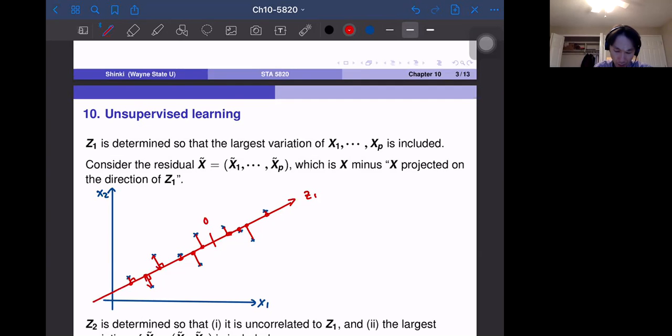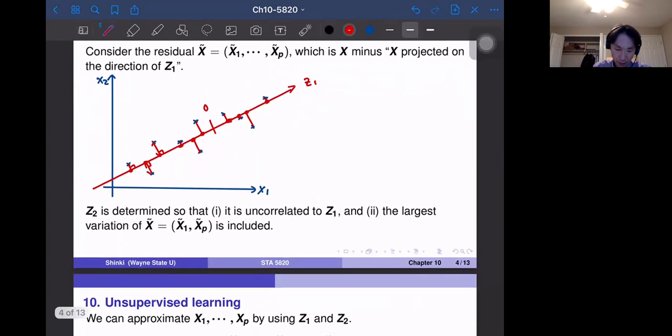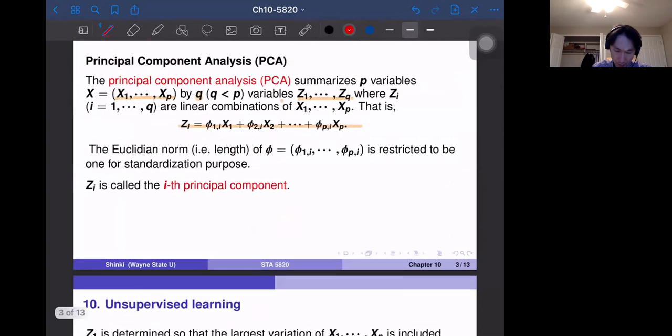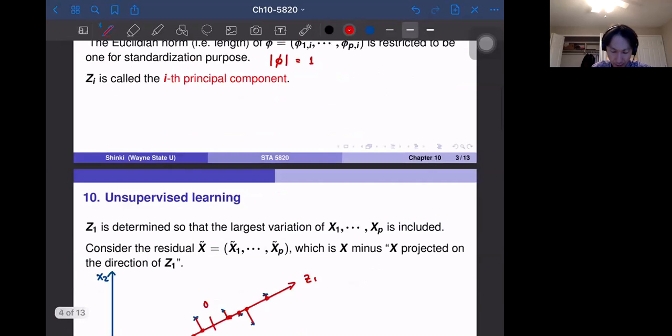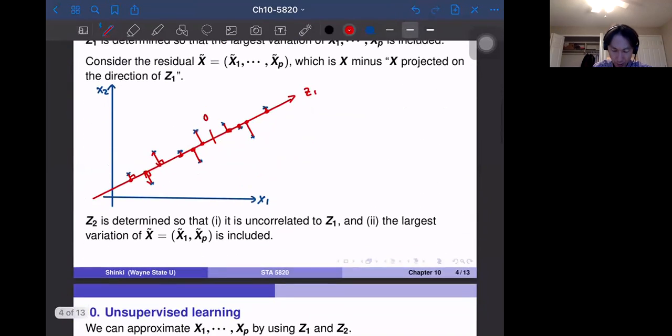So basically, we maximize the variance of Z1. We need some standardization condition: the Euclidean norm of this coefficient vector is equal to 1. With this constraint, we can determine this direction Z1.